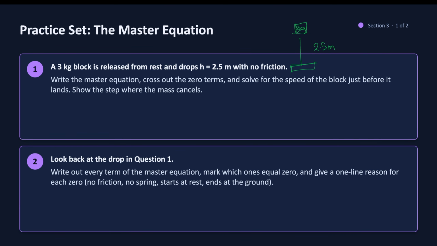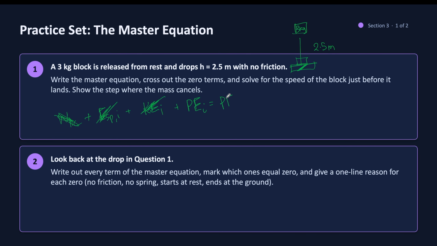Okay. So let's do that then. Do we have kinetic energy initial? No. Do we have spring energy initial? I don't see any springs here. Do you have work non-conservative? No applied force or friction either. But we have potential energy initial. And at the end here, height is going to be 0.